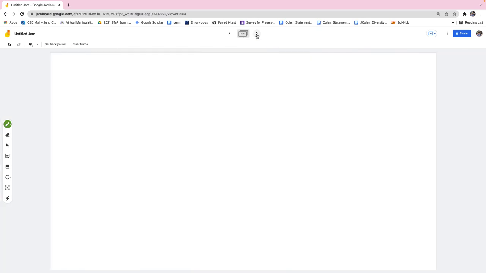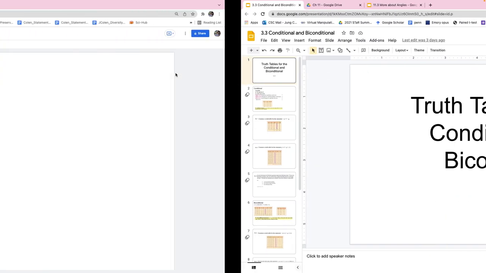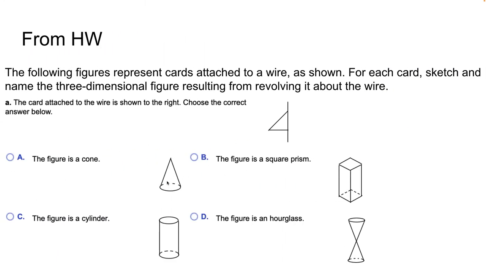Here is the wire and we have a triangular card attached and we are rotating it. Then this part is rotated, this part is also rotated, this part is also rotated. So it will be cone shaped like this, right? So that will look like the cone.